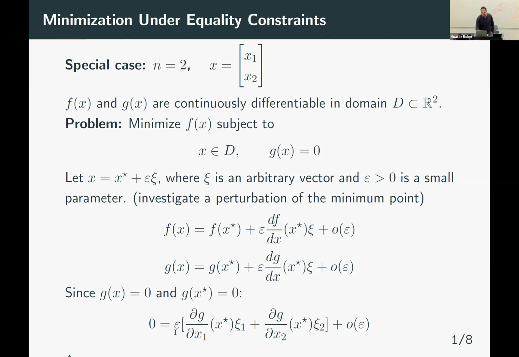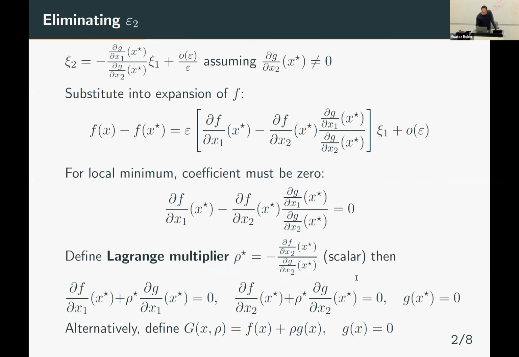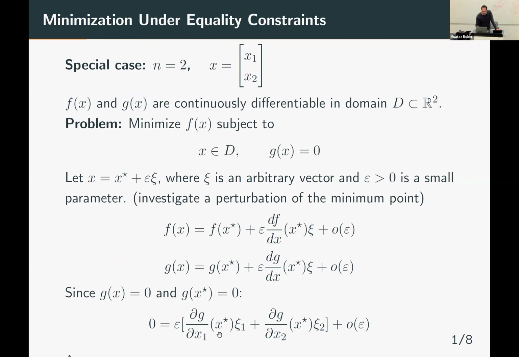Take epsilon as a common factor from both, right? Plus order of epsilon. So we have this one. You'll see where I'm going with this one. All right, so divide both.